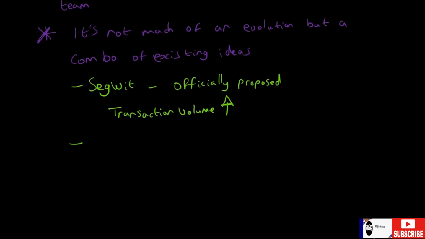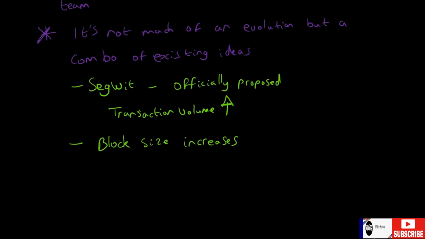So that's actually quite a cool thing. The other thing that is essentially part of this is block size increases. So a combination of SegWit and block size increases would allow for significantly more transactions. So a block size increase simply increases the block size.